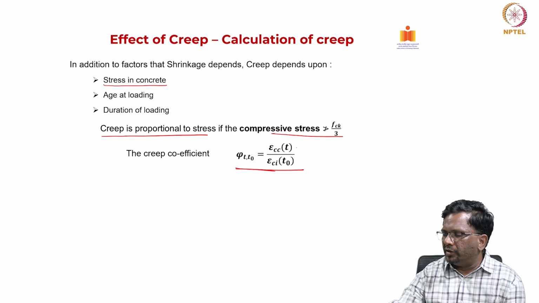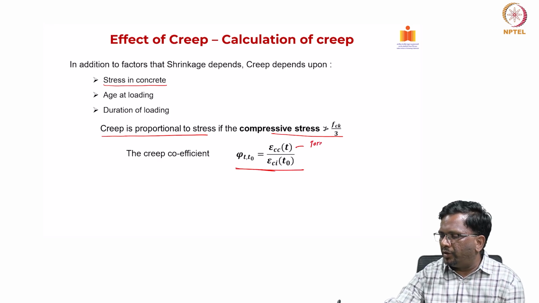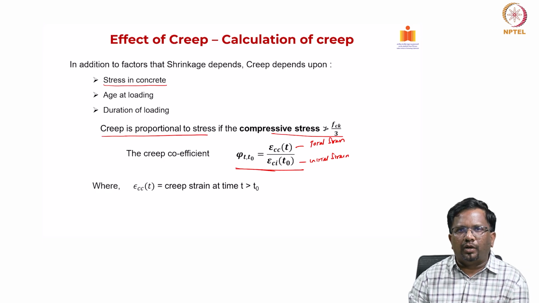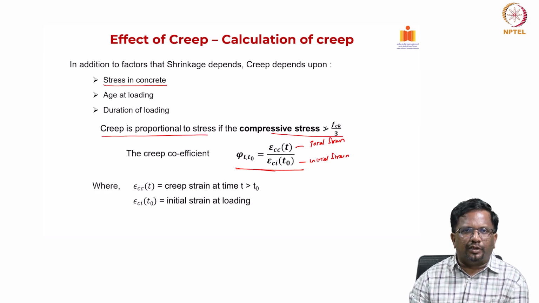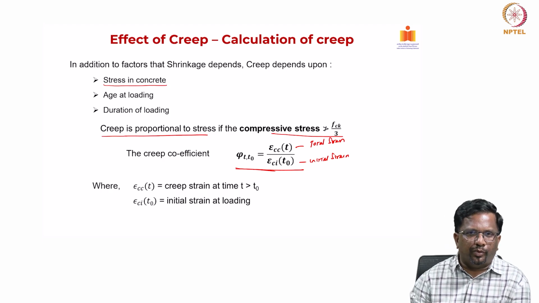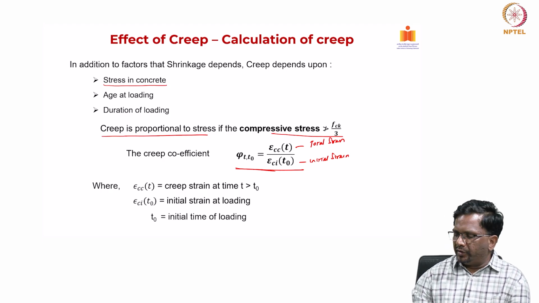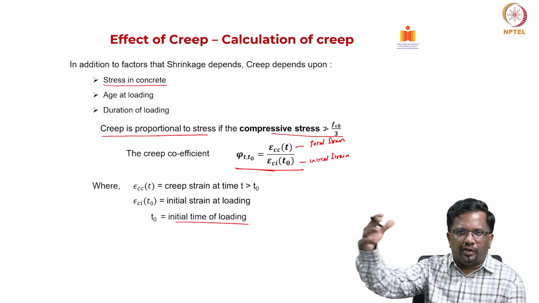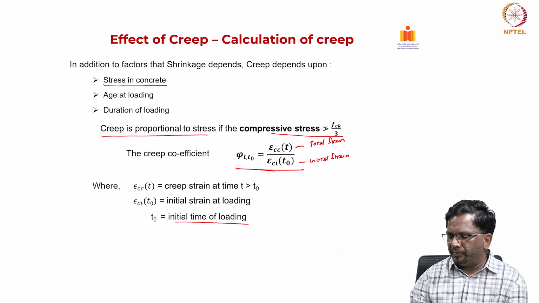We have said this is the total strain and this is your initial strain. This is the definition of your creep coefficient. Epsilon Cc of T is the creep strain at any time T which is greater than T naught, and epsilon Ci at T naught is the initial strain at the time of loading, T naught, which is the initial time of loading, when you start loading.